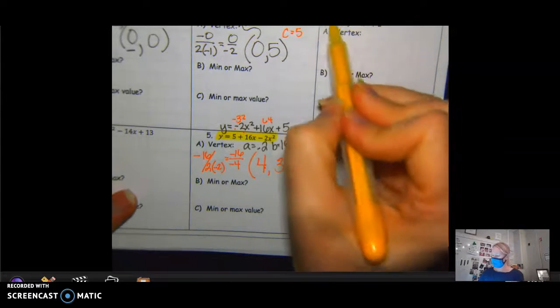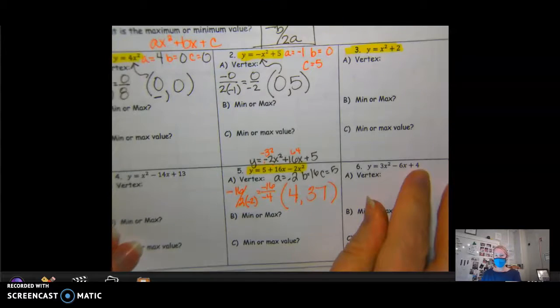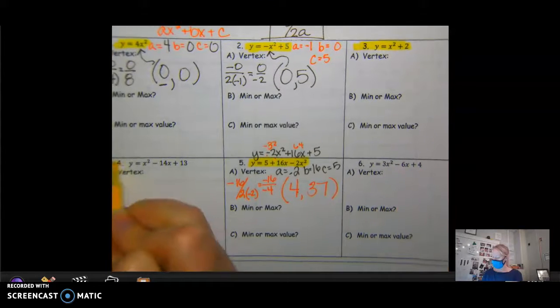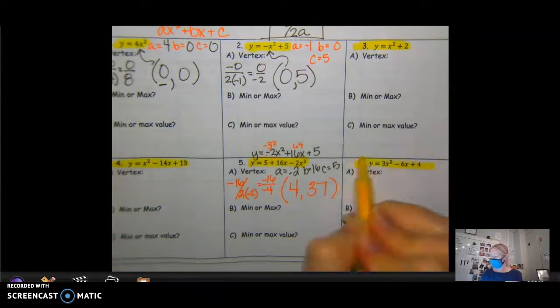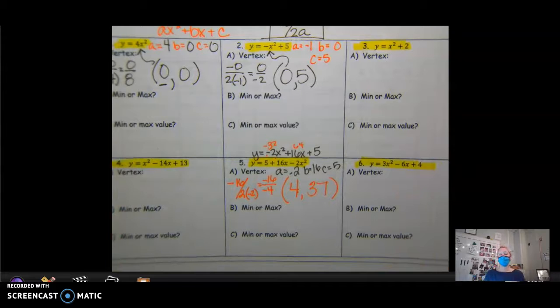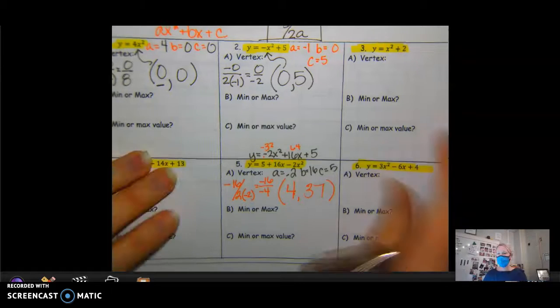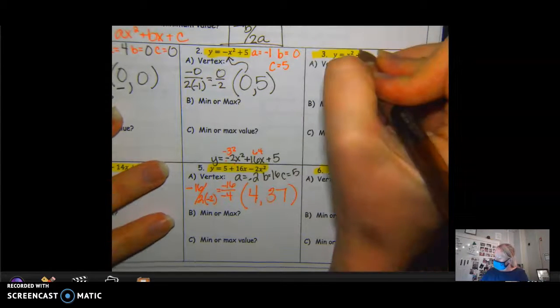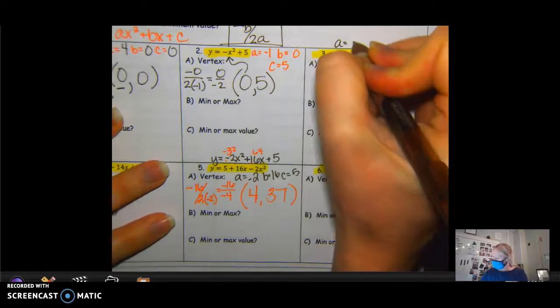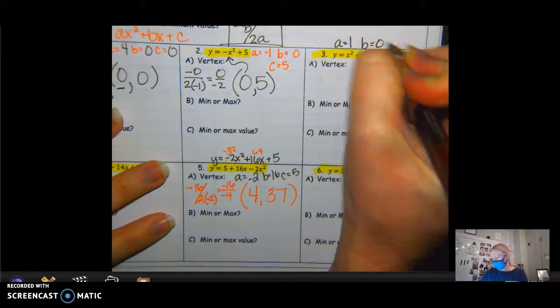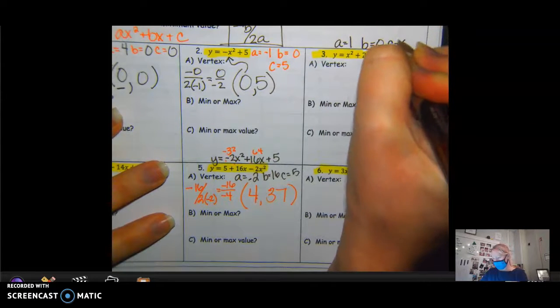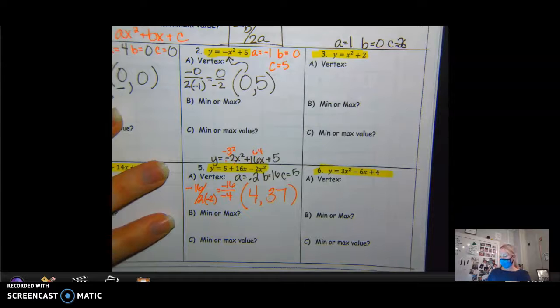I want for you to try number 3, number 4, and number 6 real quick. So the 3 we didn't do. I want for you to find the vertex on those. Number 3, what is your a value? What's your b value? And c. Is it 2, right?